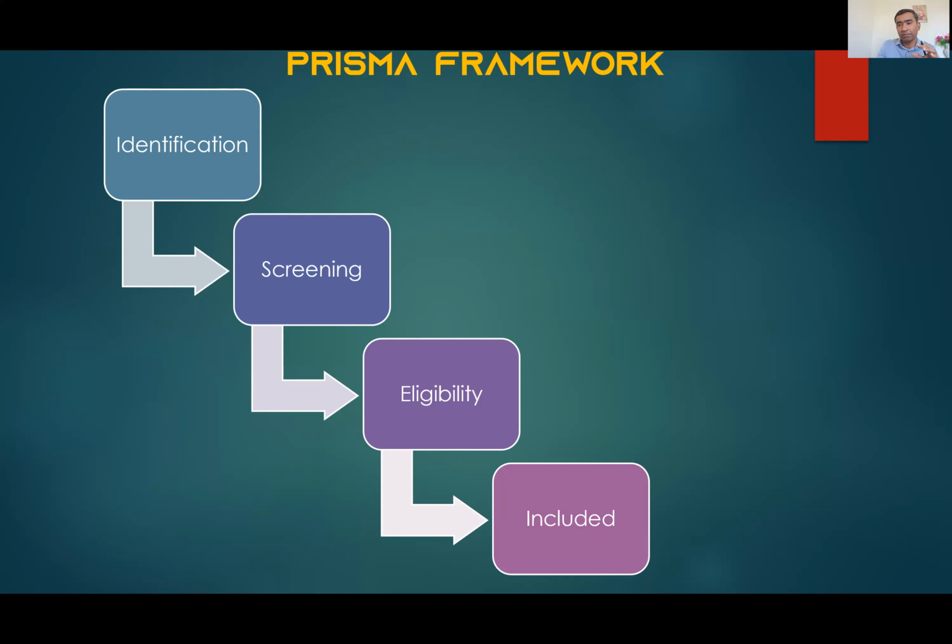Okay, I'm discussing every step here separately. For example, the first step, you need to identify the keywords. Now the keywords are already with you. We already have a research question, and from that research question we can identify our keywords. And this is where, when we talk about the search criteria, we need to decide what databases we can use.